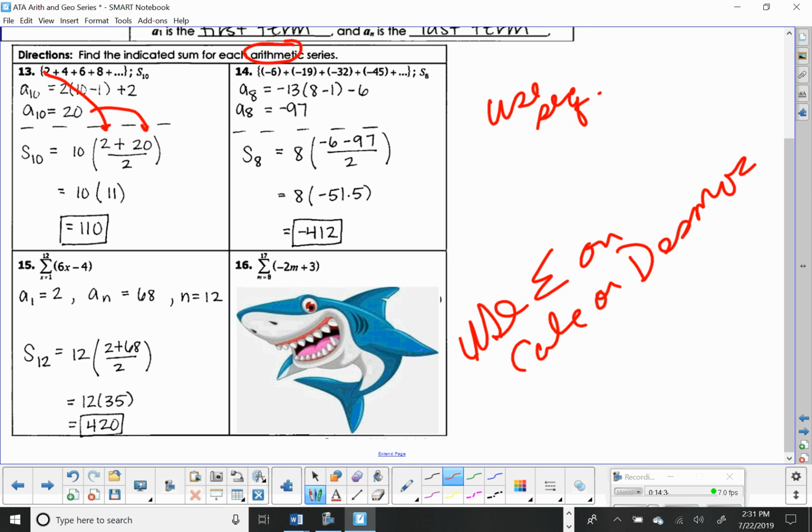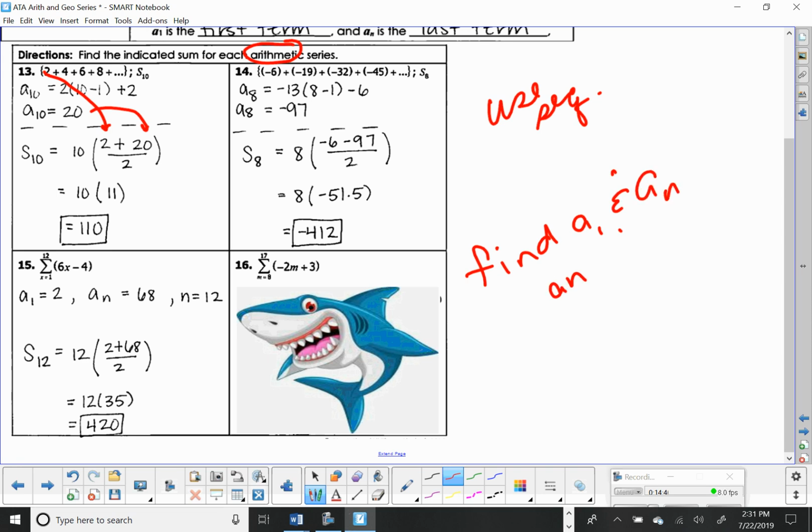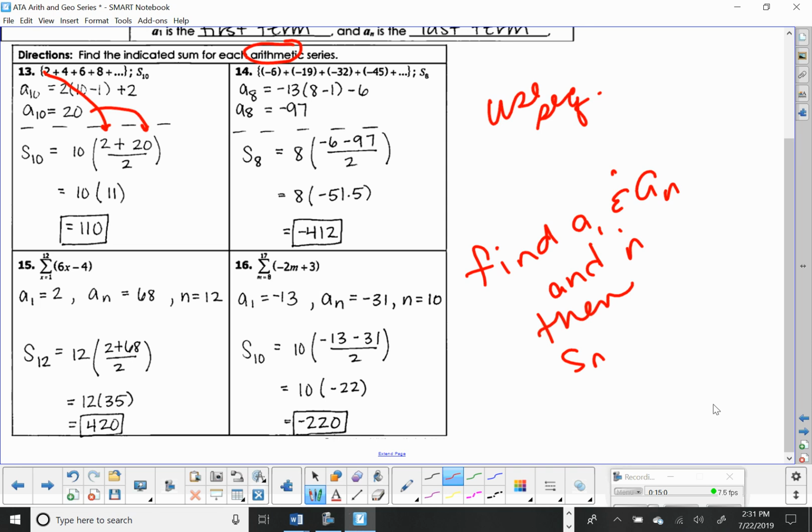Okay, number 16. Do it in two ways. Okay, first way, find A sub 1 and A sub n and n, then S sub n. Then use your calculator. Okay, you're back. A sub 1 is 13.